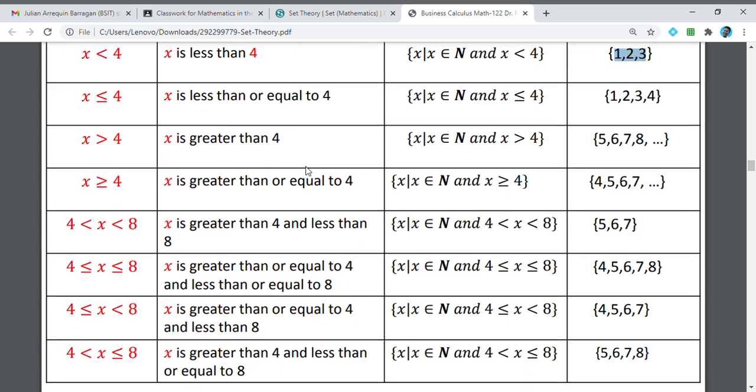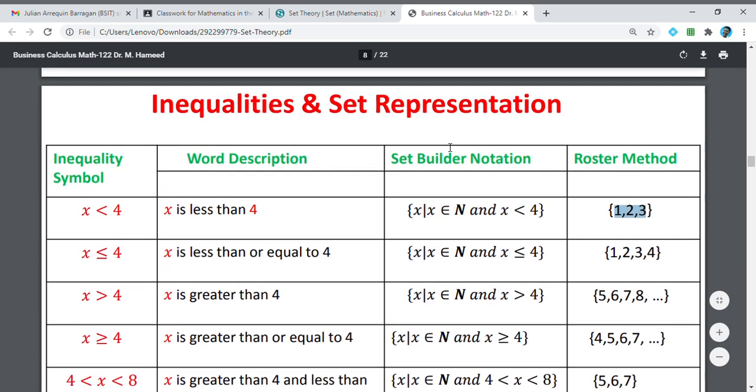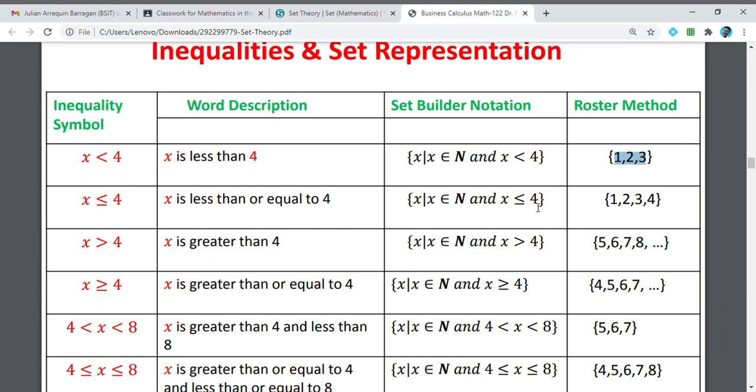Another example: we have here x is less than or equal to 4. If you're going to express that in set builder notation, again, the set of all x such that x is a natural number and is less than or equal to 4. Remember this symbol is read as less than or equal to 4.